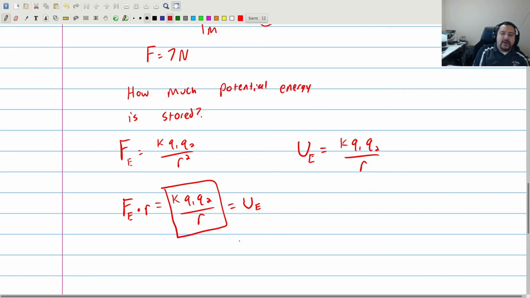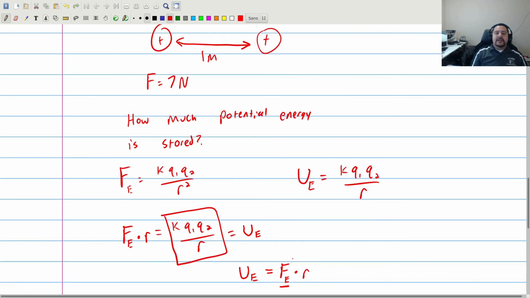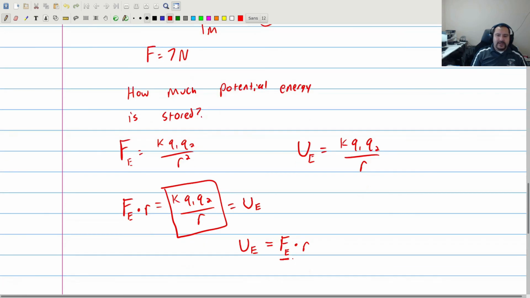So it turns out electrostatic potential energy can be determined from the force times the distance R, assuming, of course, that the force is not changing over the distance. It gets really complex and calculus-based if you want to go a little bit more complex than that.